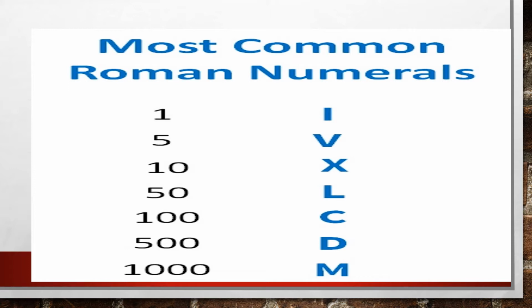There is no way to calculate fractions in Roman numerals. Now you see here, the most common Roman numerals are: 1, which we write as I; 5 as V; 10 as X; 50 as L; 100 as C; 500 as D; and 1000 as M in Roman numerals.